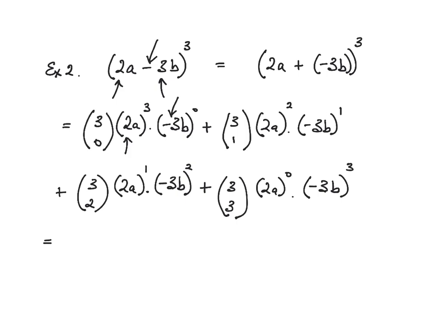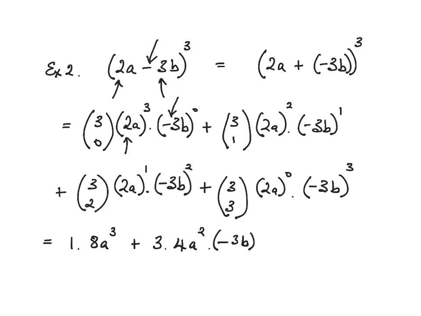So simplify. 3 choose 0 is 1. Now 2 to the power of 3 is 8, so we have 8a cubed, minus 3b to the power of 0 is 1, plus, so 3 choose 1 is 3, 2 squared is 4, so that's 4a squared, and it's minus 3b to the power of 1, so we need to keep the negative in there.